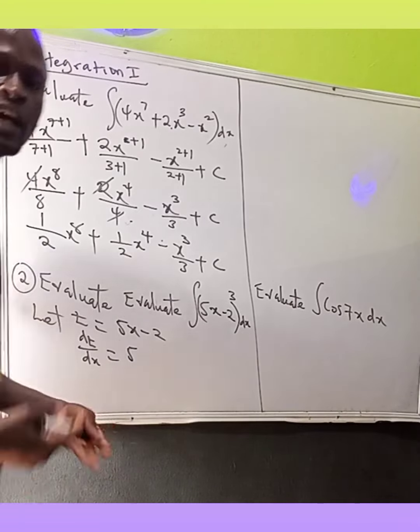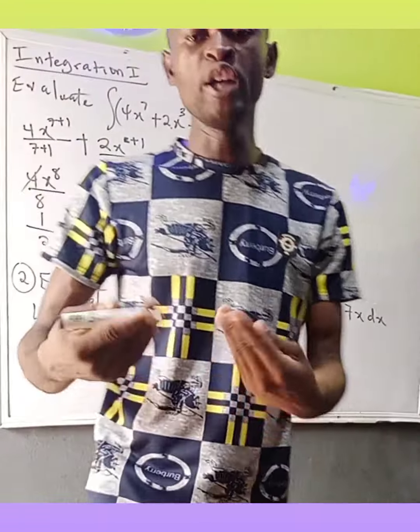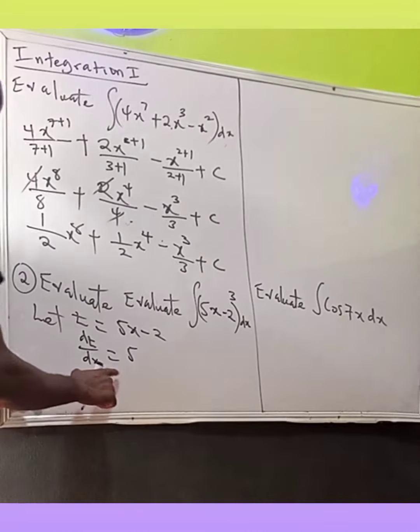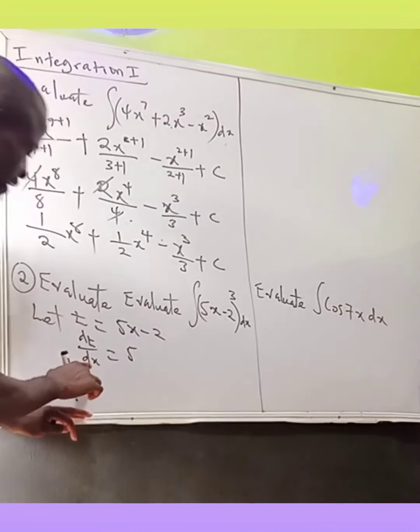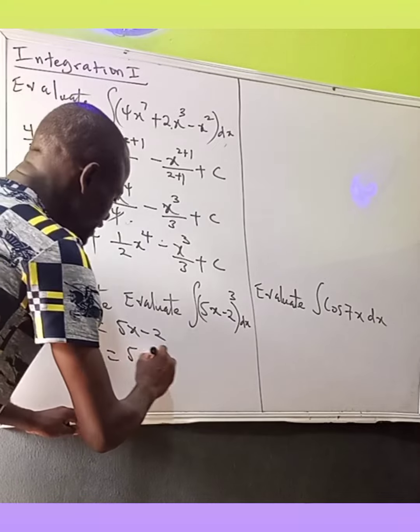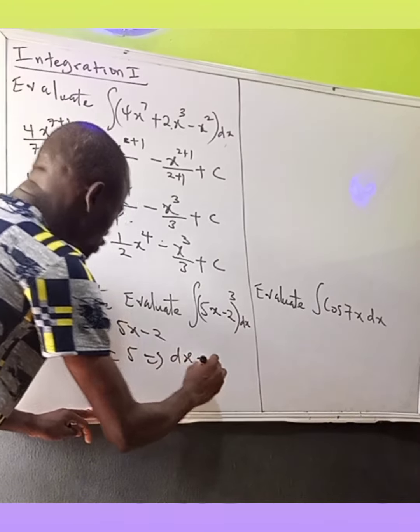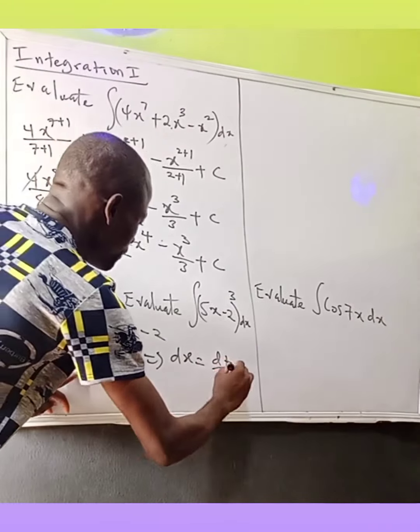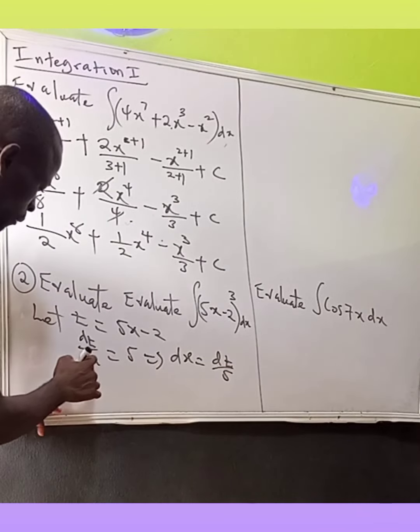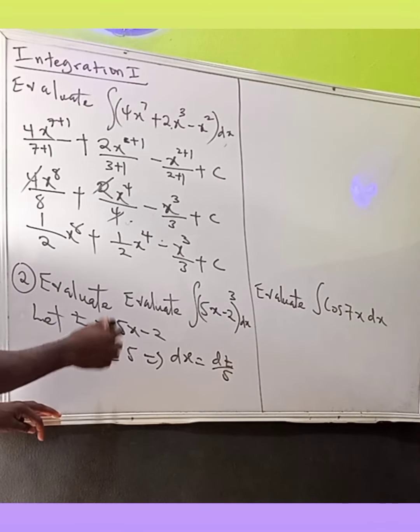That's why you need to watch my previous video on differentiation. So if you make dx the subject of the formula, this implies that dx is equal to dt divided by 5. This will come here.